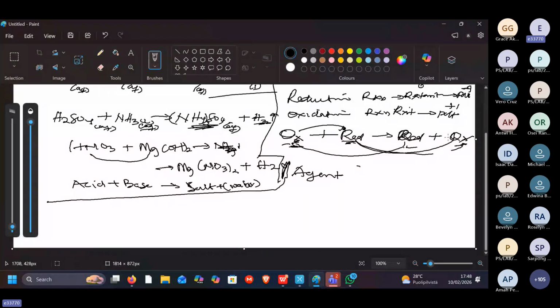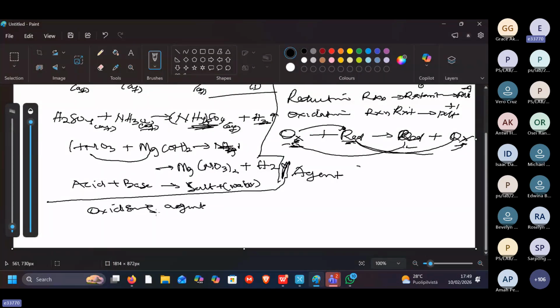So that agent that is causing another species to lose electron and go through oxidation is the agent that causes oxidation. So we call that the oxidizing agent. The oxidizing agent or compound or species will be the agent that causes another compound to lose electron.